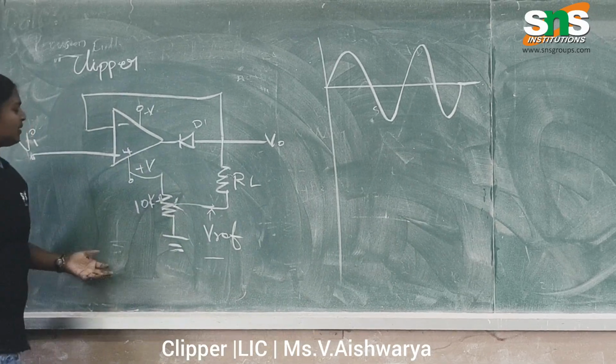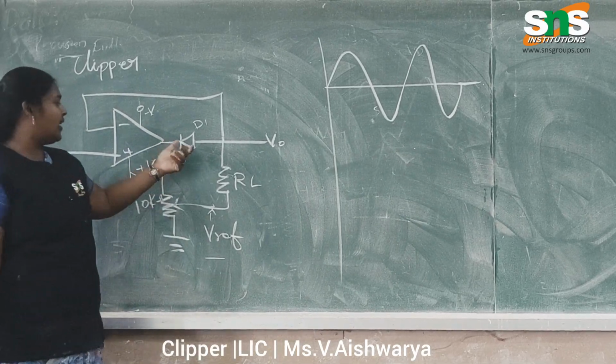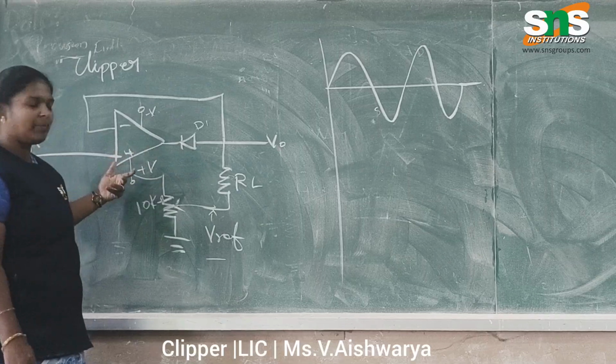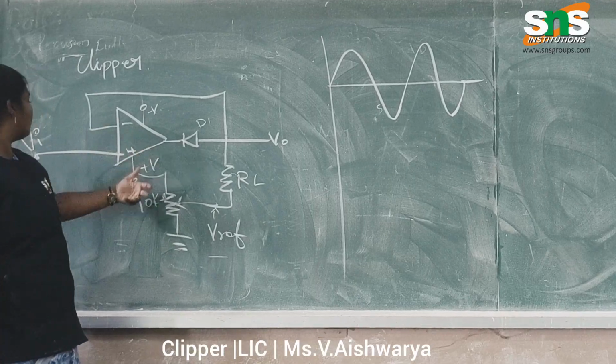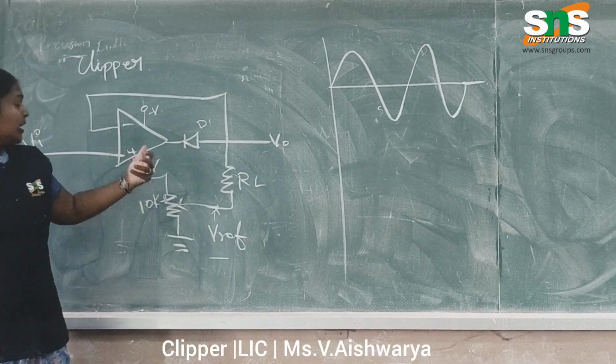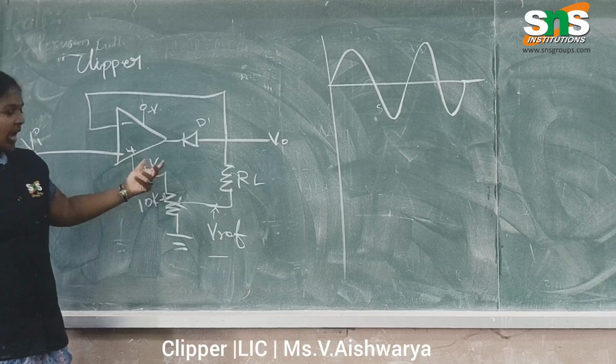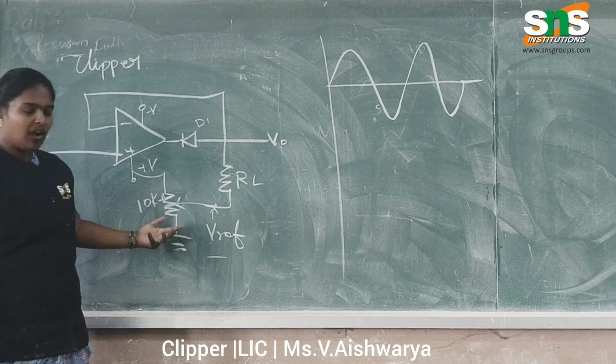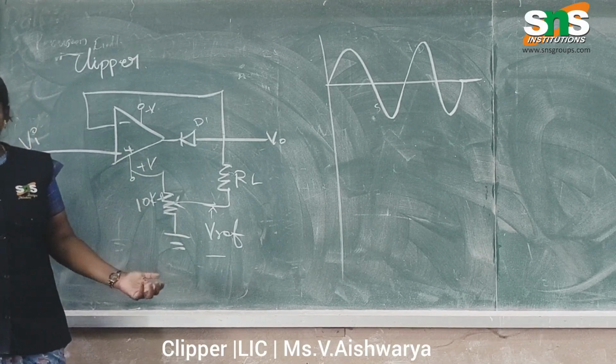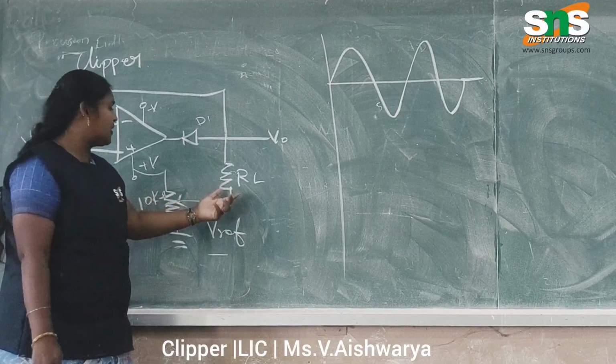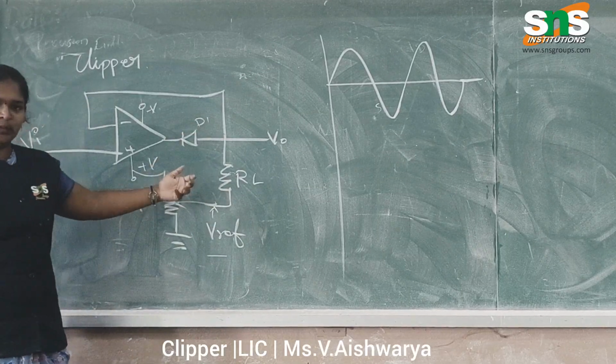In this diagram we have two resistors, one diode, and one amplifier. In this clipper circuit we apply the input to the non-inverting terminal and connect the rheostat for adjusting the V reference signal, and the load resistance and the diode D1.